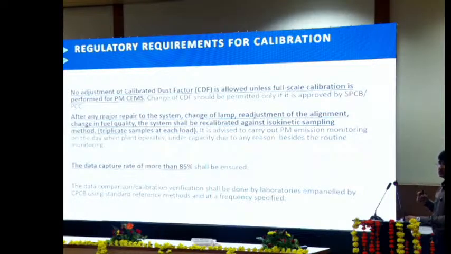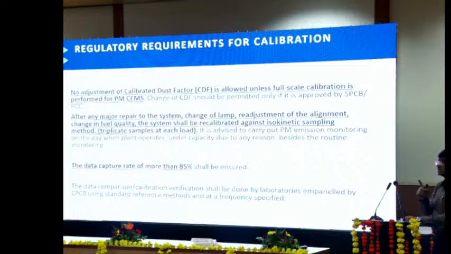Then at what point you need to once again recalibrate? After any major repair of the system, that is one. If it is a major repair, you need to recalibrate your system. Change of lamp for that particular type of system where you need to change the lamp. Readjustment of the alignment, sometimes the system is not aligned properly.